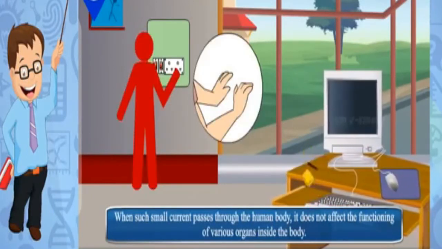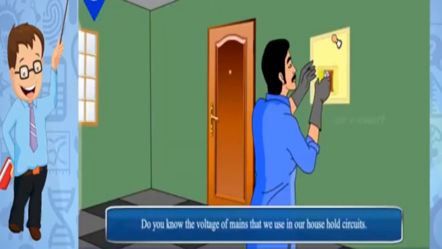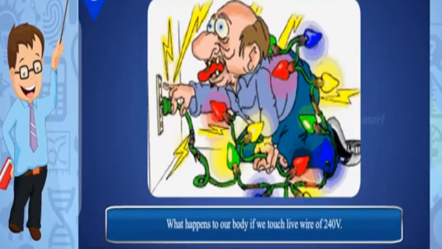Do you know the voltage of mains that we use in our household circuits? What happens to our body if we touch a live wire of 240 volts? A 240 volt current disturbs the functioning of organs inside the body. It is called electric shock.